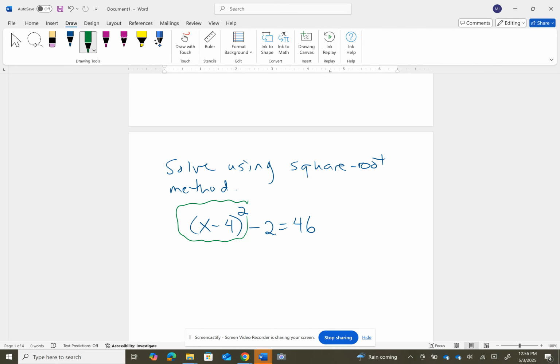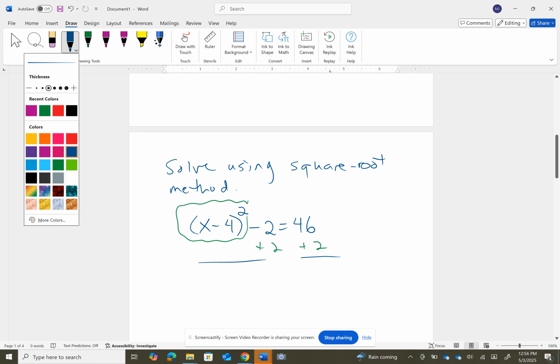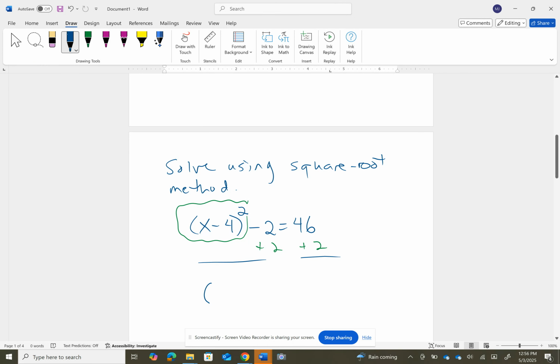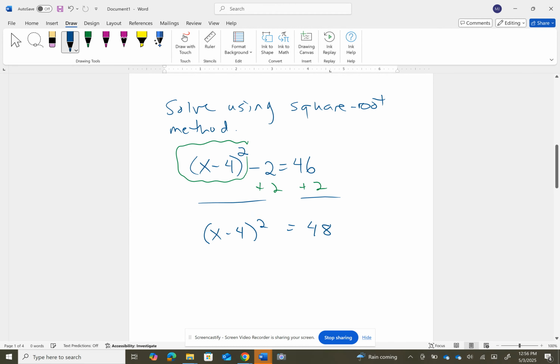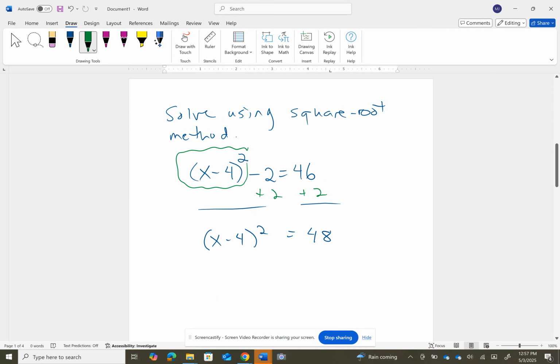So what you would do on this one is add 2 first, to get rid of the minus 2, so that whatever's being squared is on a side by itself. All right, now once you make that happen, you're ready to undo the squaring. So the next step is to take the square root of both sides.